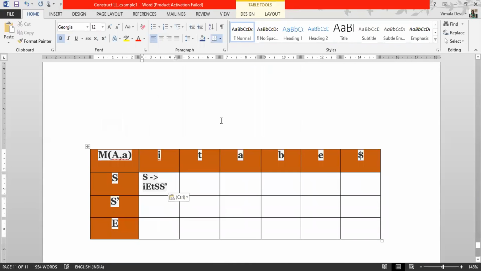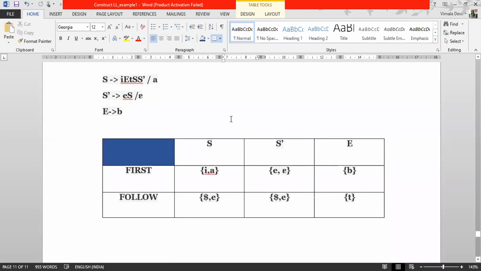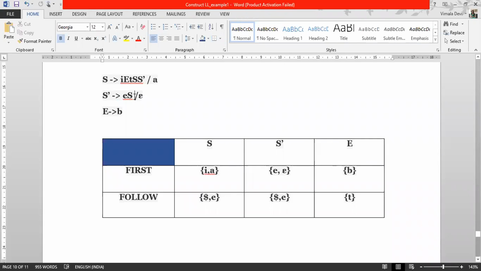We have another rule S derives a. First of S is a for that rule. So S comma a, I can fill the rule S derives a. Alright, so it is done. Now let's move on to the second rule. S' derives eS and S' derives epsilon. We have two rules. First, consider only S' derives eS.